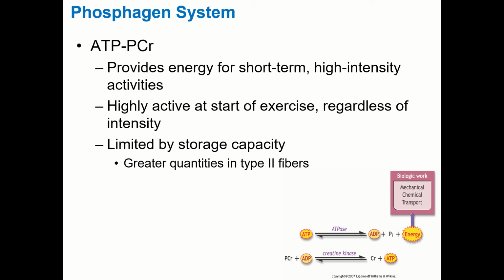With both of them, when they move inside of a cell, thinking back to what we talked about in 202, those large molecules inside of the muscle cell are going to pull water with them. They're going to create an osmotic gradient.